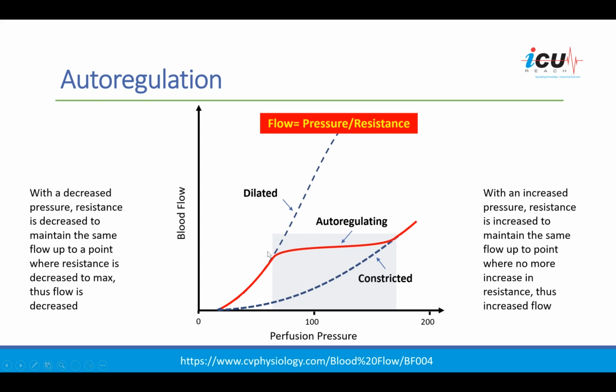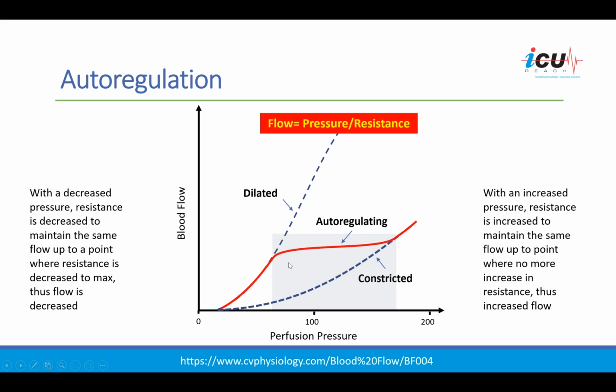Now we get into a critical point where decreasing the perfusion pressure is not going to be associated with the same blood flow. The reason being is that the resistance cannot be decreased any further. The vasodilatation is at the maximum, and any further decrease in the perfusion pressure will result in a decrease in the blood flow.